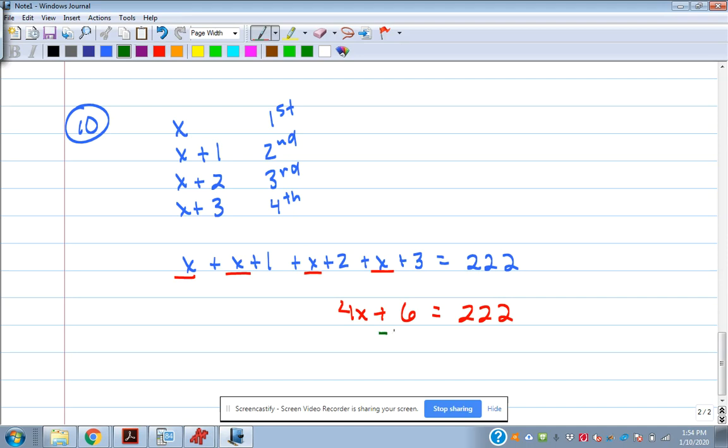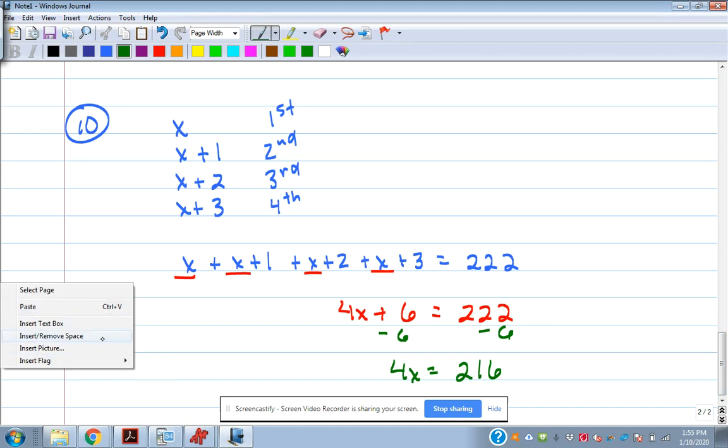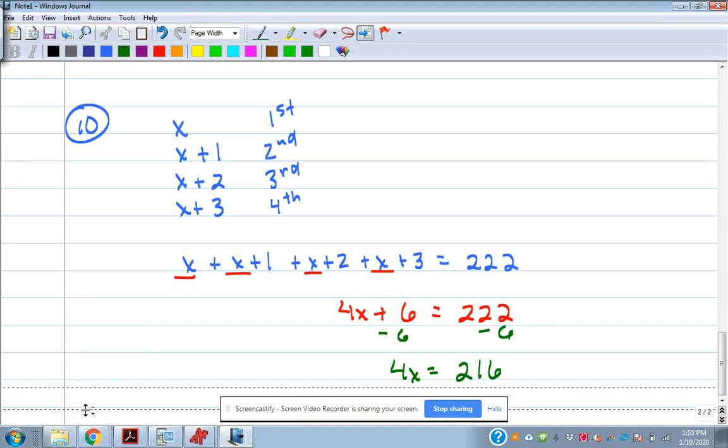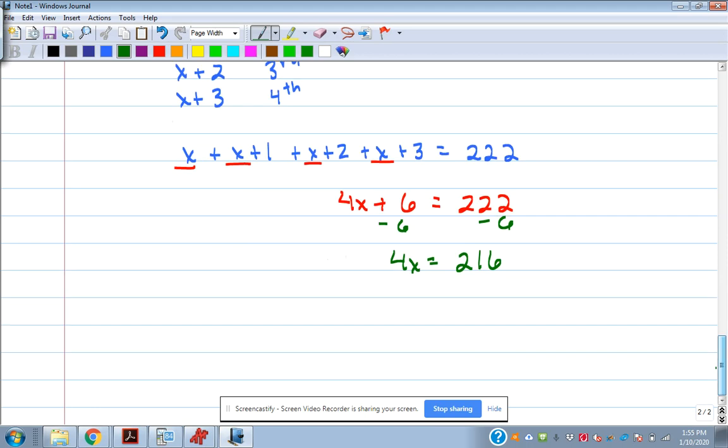Subtract 6 to get 216. I'm going to divide by 4, right? 54 is what I got for the first one.